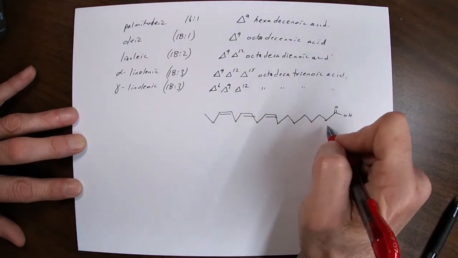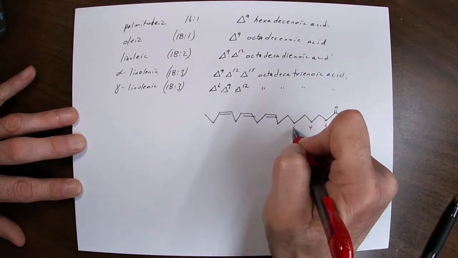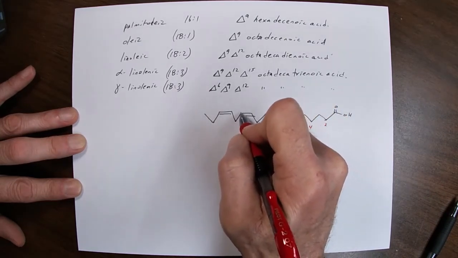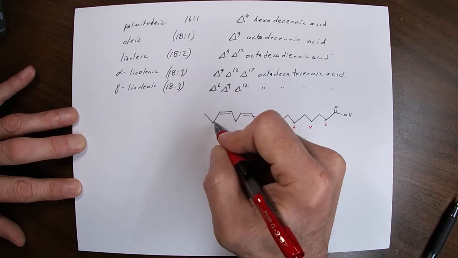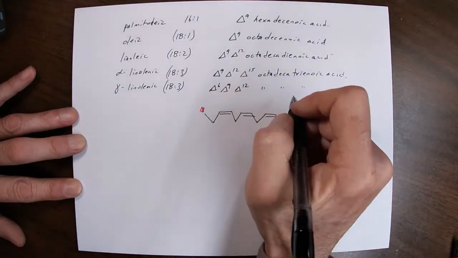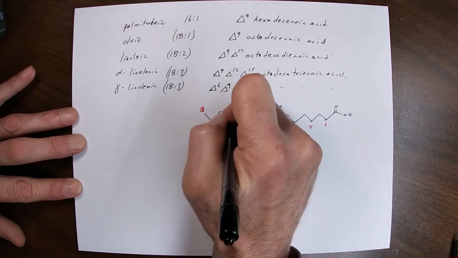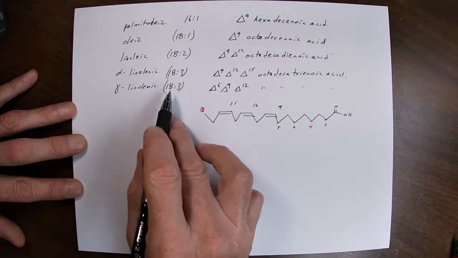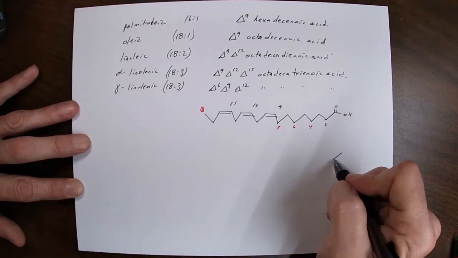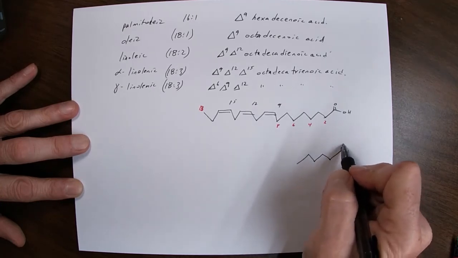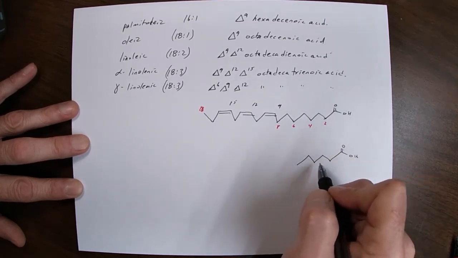So again, count your atoms, 2, 4, 6, 8, 9, 10, 11, 12, 13, 14, 15, 16, 17, 18 carbons. And again, this is at 9, 12, and 15. Your gamma linolenic, so at the number 6 position, you have your double bond.